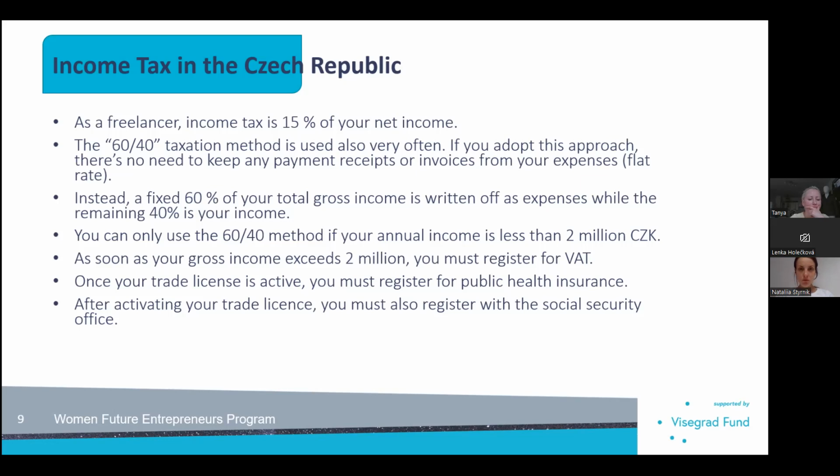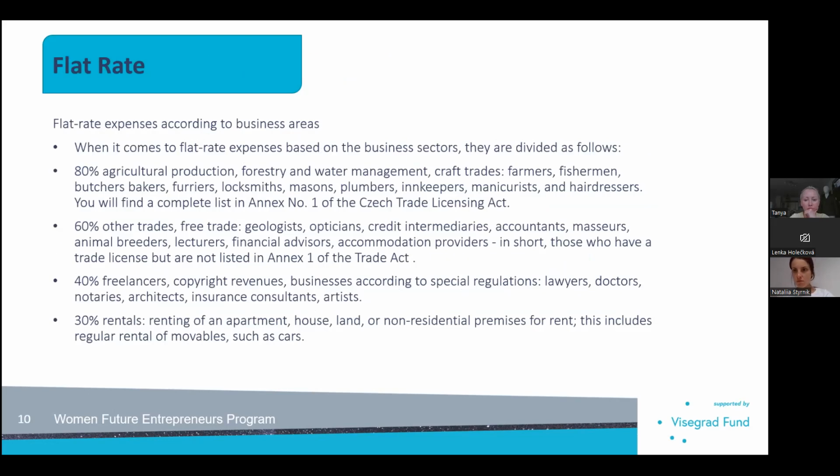And it's easier because it's about a fixed 60% or 40% of your income instead of real expenses. And we can see that 60% is the most common for trades, free trades, etc. And it's also an easy way how to calculate your expenses, in fact.